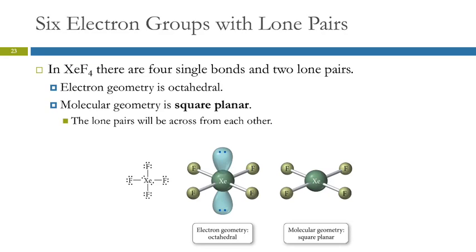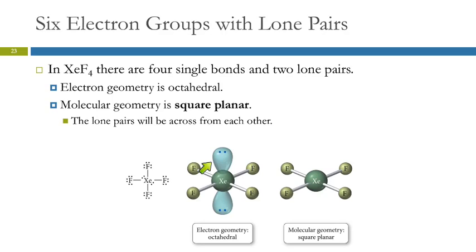Two lone pairs, xenon tetrafluoride. So here we've got 2 lone pairs, 6 groups total. So we've got this octahedral shape. We put 1 lone pair down here. The other lone pair is going to go on the opposite side. We want the second lone pair over here because it's going to have more space that way.